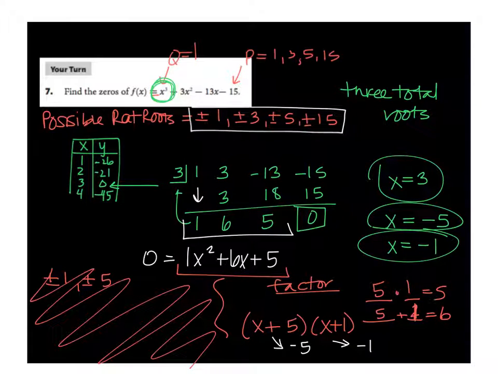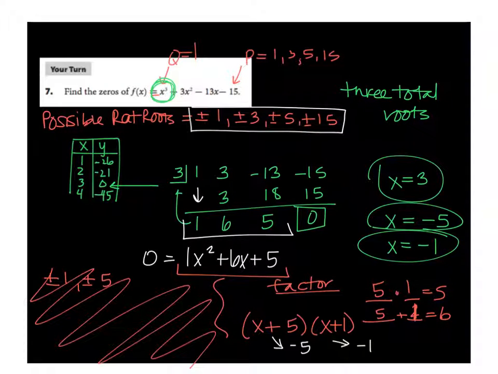So we listed all the possible, just kind of go back through and see the steps. Listed all the possible, used a table to find our first value, synthetic division to find a new, simpler polynomial to factor, and then because this was x squared, we just use our quick factoring rules to factor that out and find our 3 solutions.